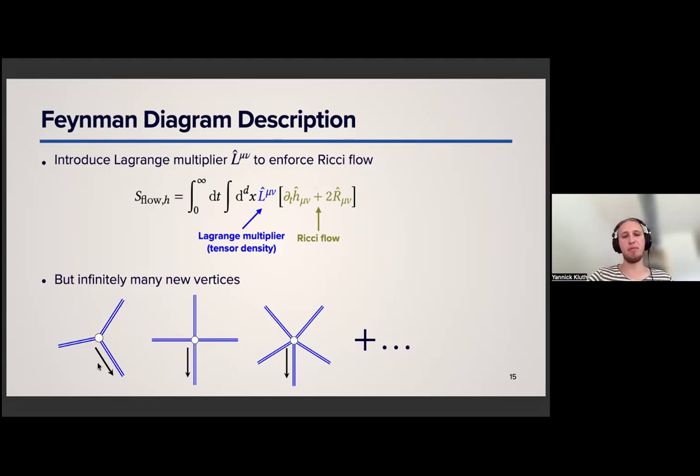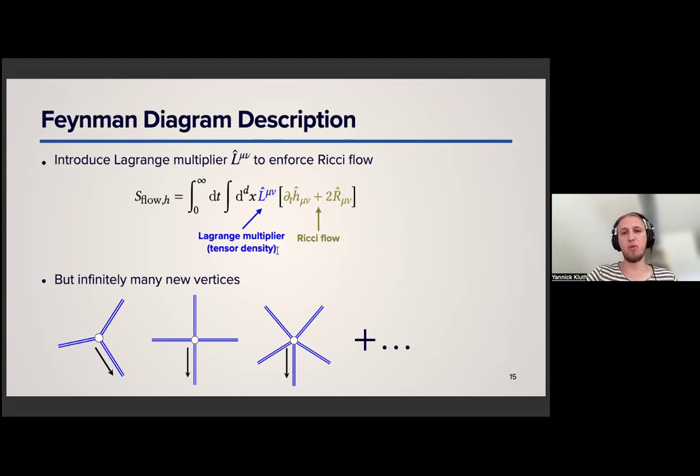So we start with a 3-point vertex where we have one flow line outgoing, since we have always just one Lagrange multiplier field here. But we can have two gravitons coupling into this vertex, as well as 3, 4, and so on. So we get simply an infinite number of vertices, which is really the same as in the standard Feynman rules for Einstein-Hilbert gravity.